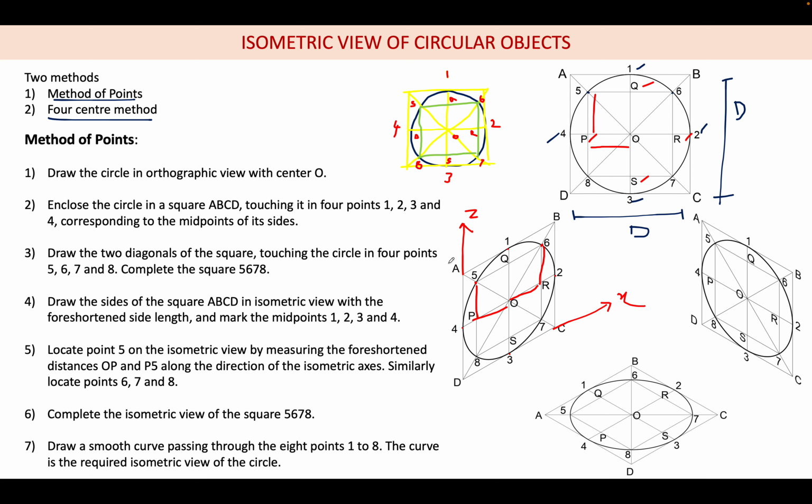Since our axes are X and Z, I am only going to travel along X and Z. First I measure OP, convert it into the foreshortened length and mark the point P, and then from there vertically I measure P5, convert it into the foreshortened length and mark the point 5. Like this you can get 4 points, 5, 6, 7 and 8. And with 1, 2, 3, 4, 5, 6, 7, 8 you are going to draw a smooth curve like this.